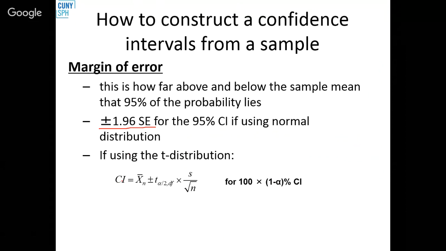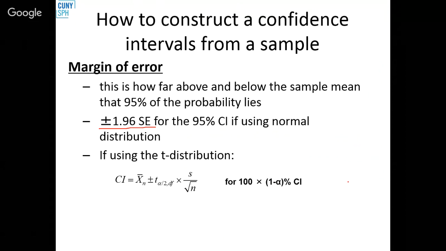And when do you use the t-distribution instead of the normal distribution? This 1.96 is only correct if your sampling distribution is normal. When is that not the case? Yeah, if your sample size is small, and one other condition: you don't know the standard deviation, so you have to estimate it as the standard deviation of your sample.